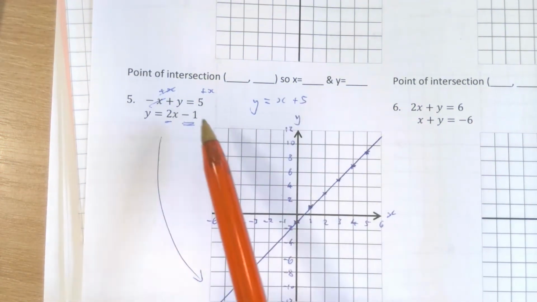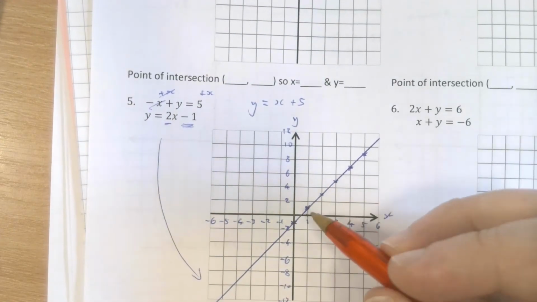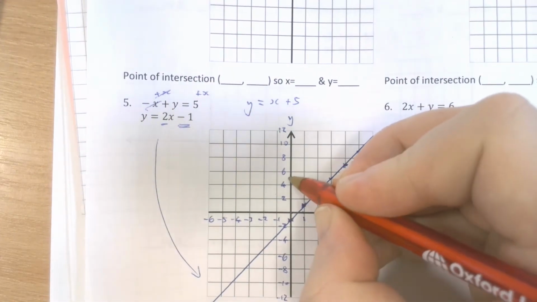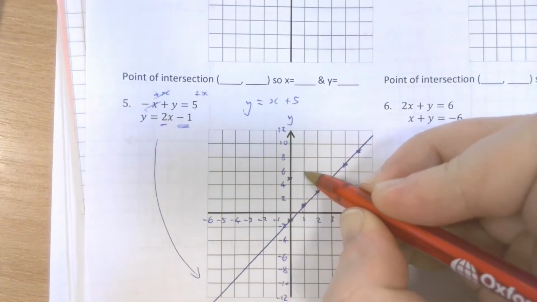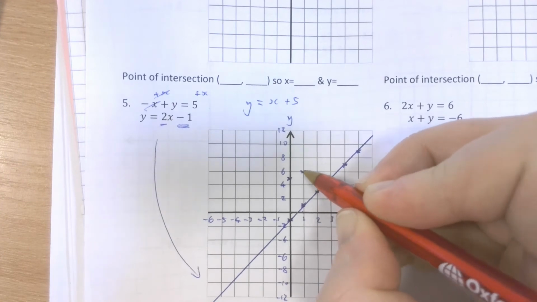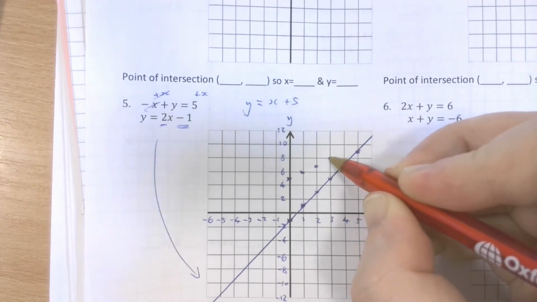Okay, that is an equivalent form of this first line equation. Y-intercept again, plus 5, that's going to be there, and then every time x increases by 1, it goes up by 1. Like we said earlier, 1 is half a square.